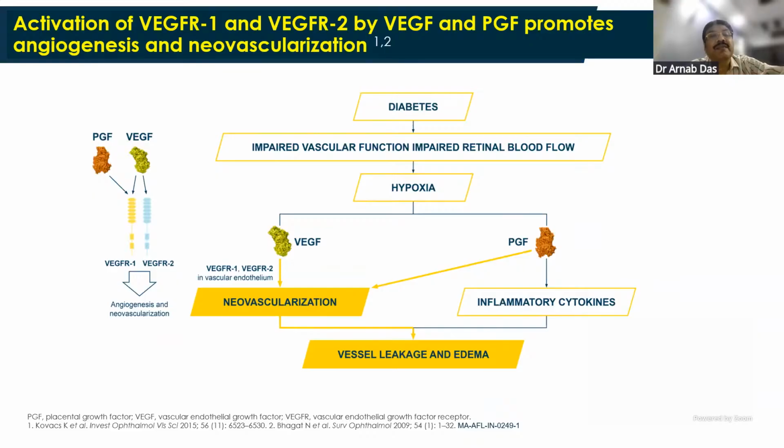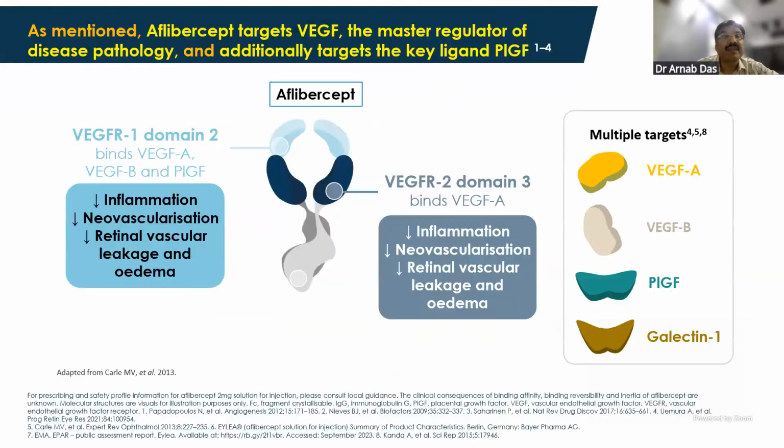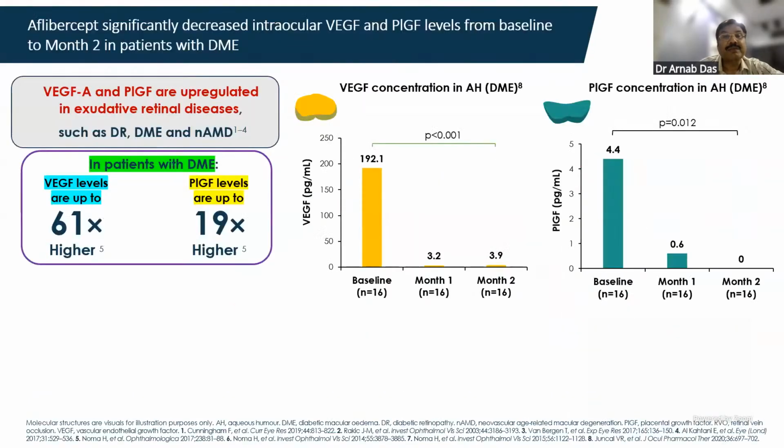Activation of VEGF receptor 1 and VEGF receptor 2 by VEGF and placental growth factor promotes angiogenesis and neovascularization. As mentioned, aflibercept targets VEGF, the master regulator of disease pathology, and additionally targets the key ligand placental growth factor. The Fc portion of IgG extends the half-life of aflibercept.